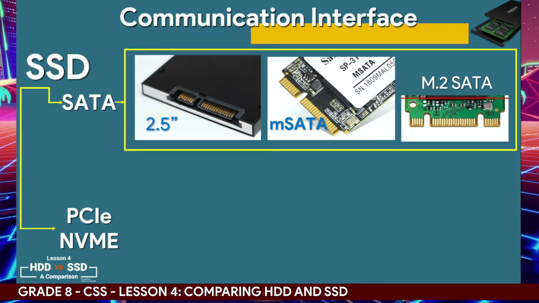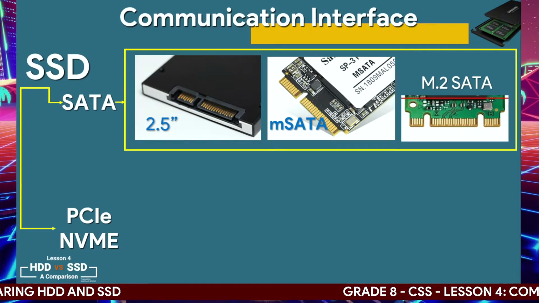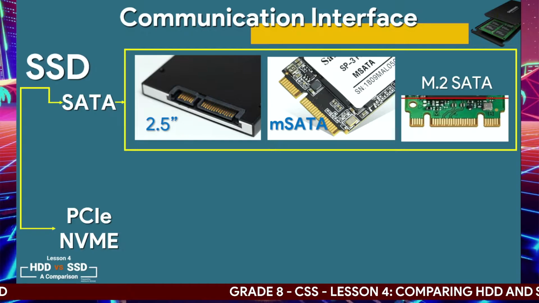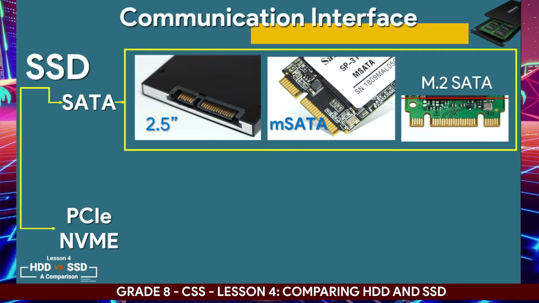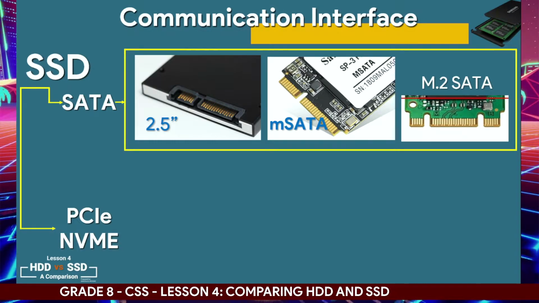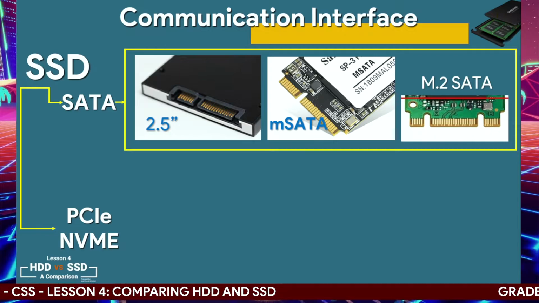On the other hand, the PCIe is the standard interface for NVMe, which is 3 to 10 times faster than SATA SSD. NVMe is much faster because it provides more bandwidth than SATA models, which improves performance in heavier productivity applications such as video editing.